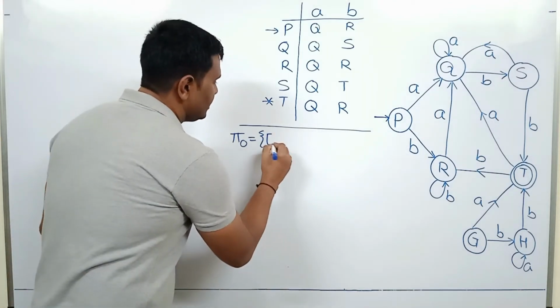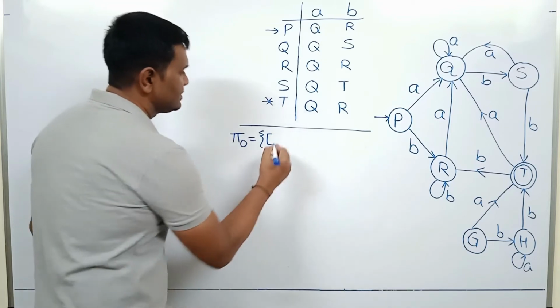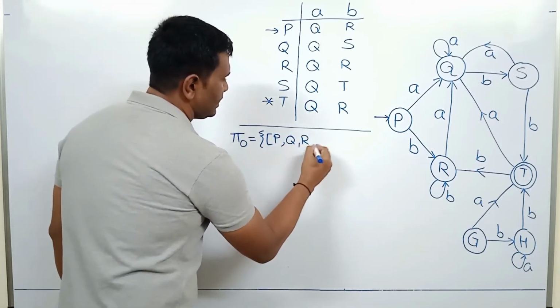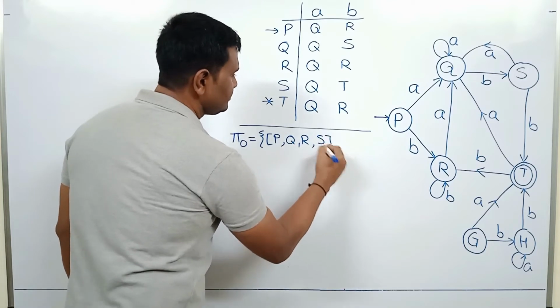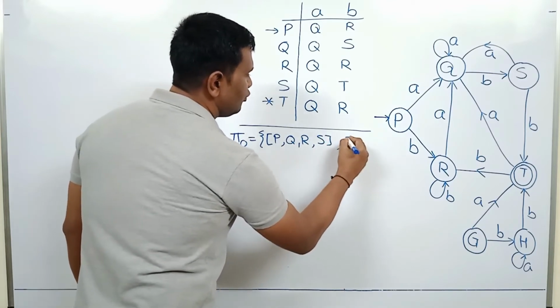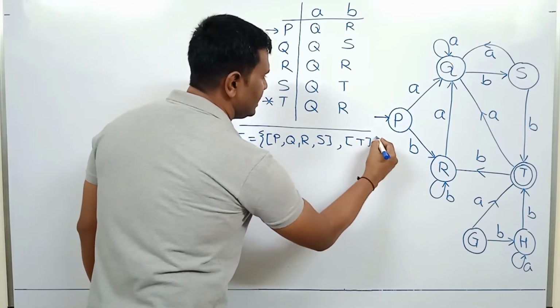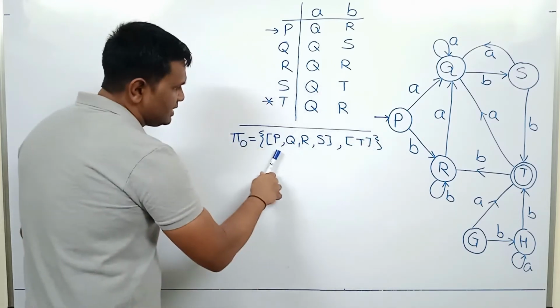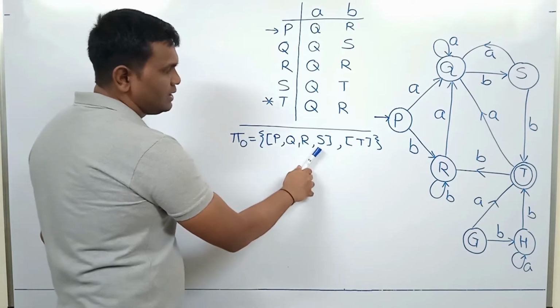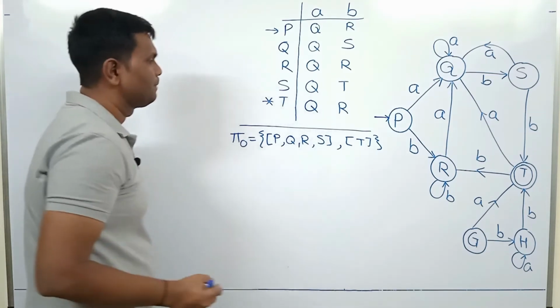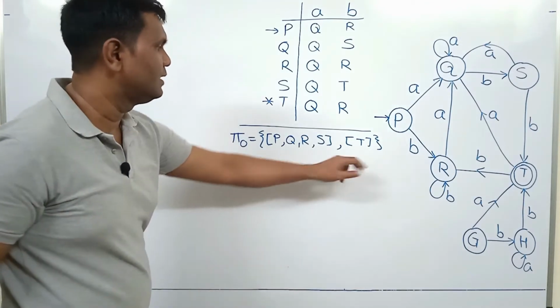So first we create a group of all non-final states. We take P, Q, R and S. And in a separate group we take all final states. Here we have only one final state, T. So these states are 0 equivalent. And in this group, T is 0 equivalent to itself. There is no other state equivalent to T.